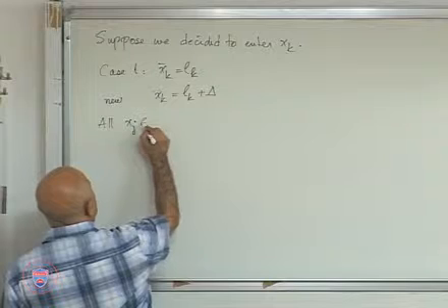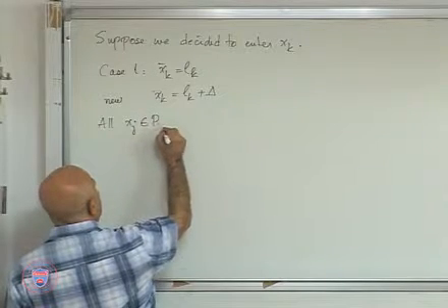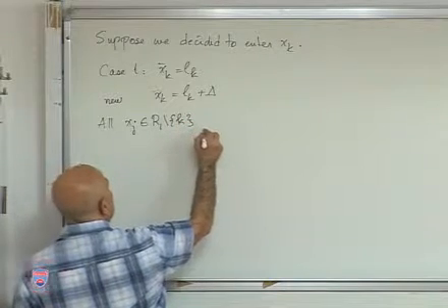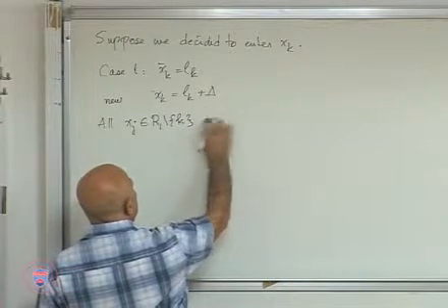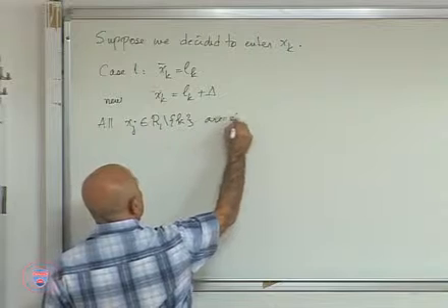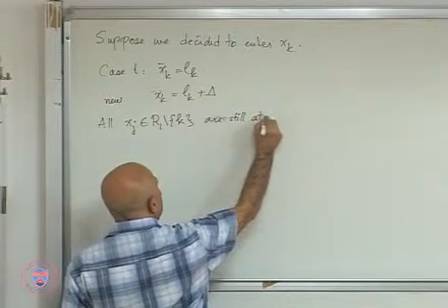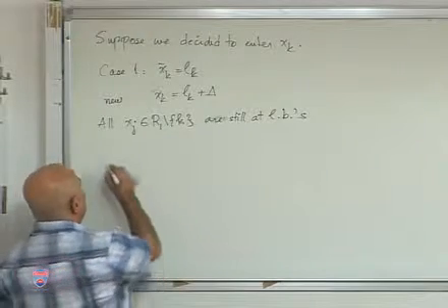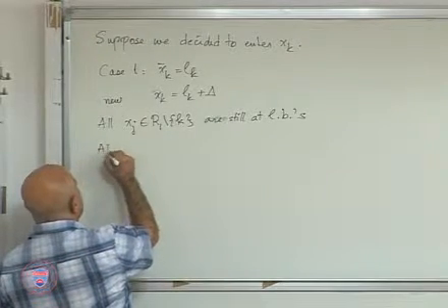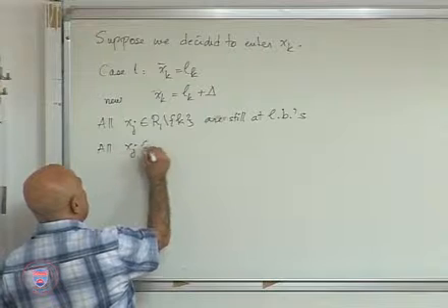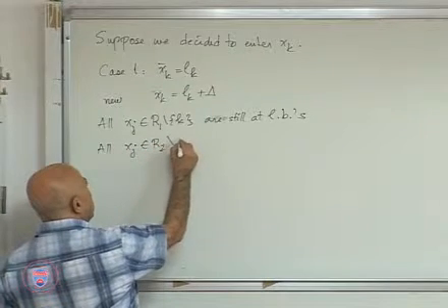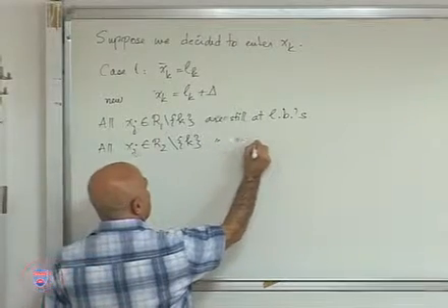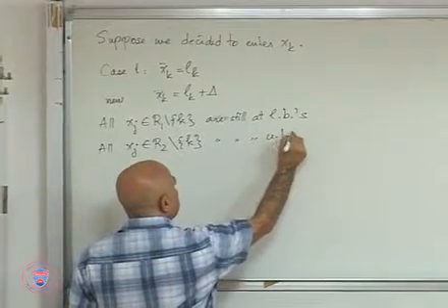All xj in R1 other than k are still at their lower bounds, and all xj in the second set are still at their upper bounds.